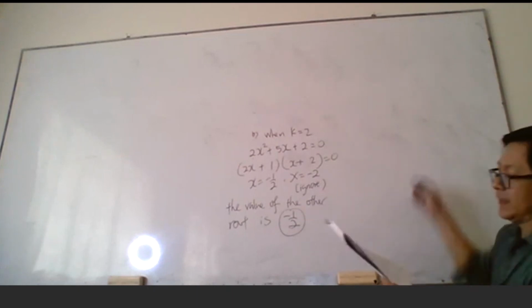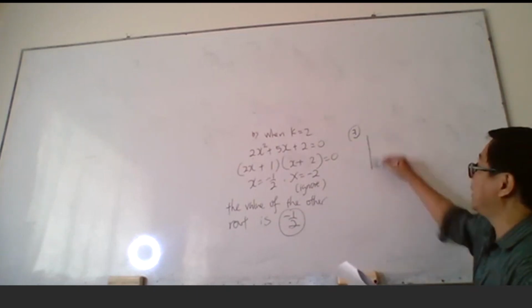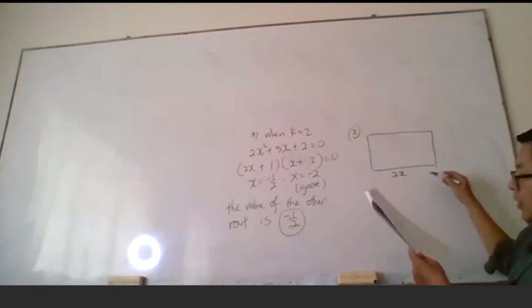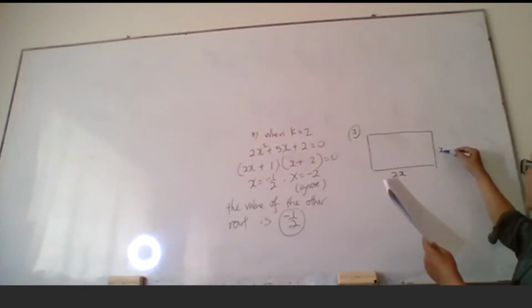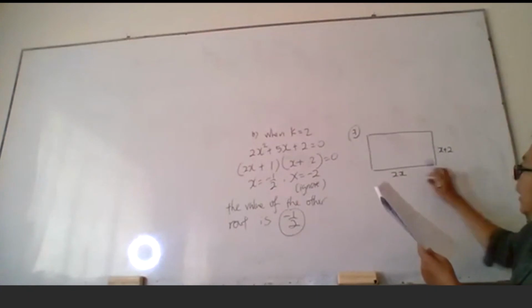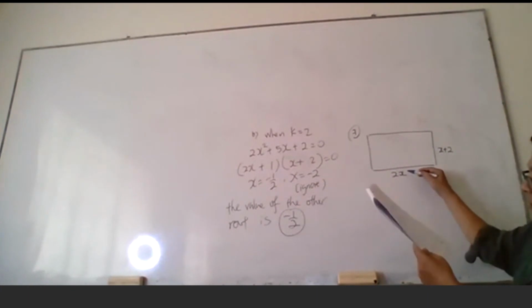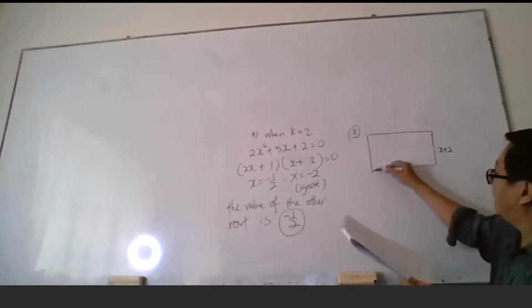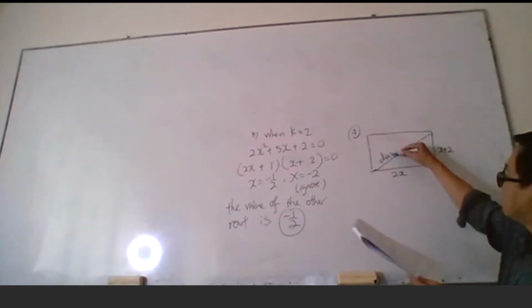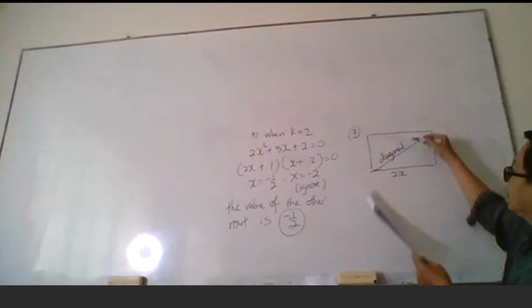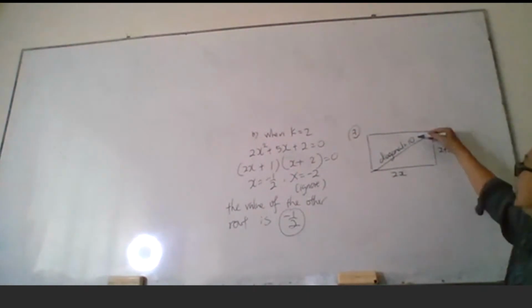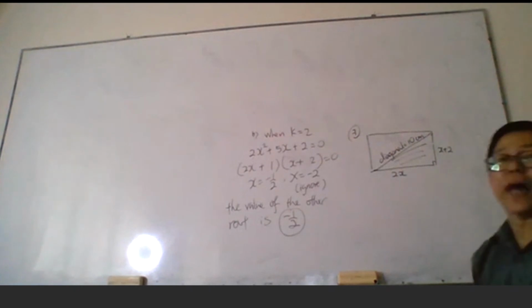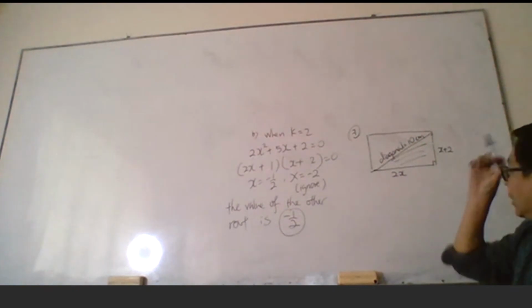Okay, for question number 7, this is a rectangle. The length is x plus 2 cm, and the breadth or the width is 2x. The question says diagonal. This is your diagonal, which is about 10 cm. Remember, we are using Pythagoras' theorem.